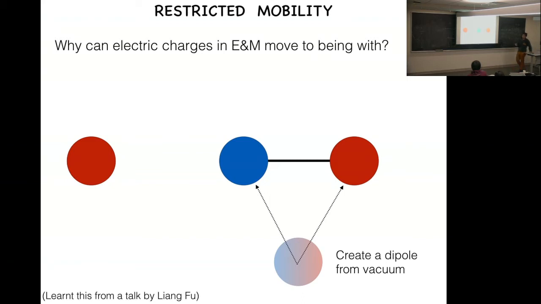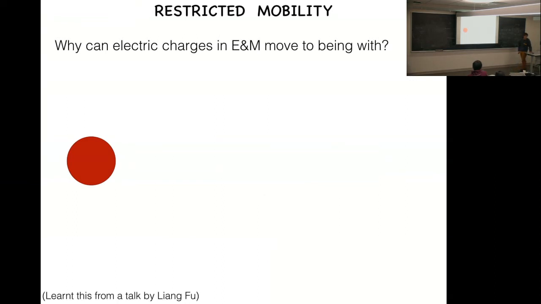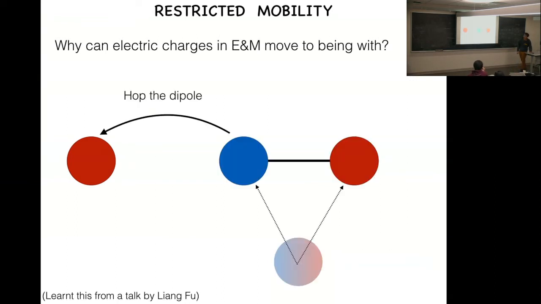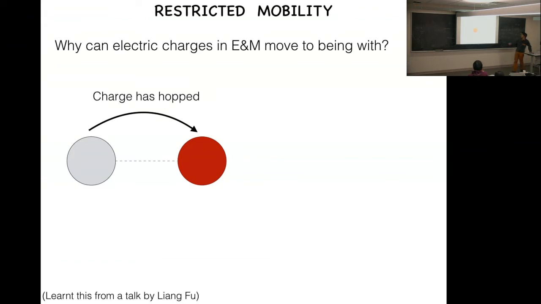You can pull out of the vacuum anything you want as long as the total charge is 0. But let's pull a dipole. I can move it to the left so that the negative charge, denoted as blue, annihilates the positive charge, denoted as red. If I move it to the left, I kill that charge, but my positive charge has moved.